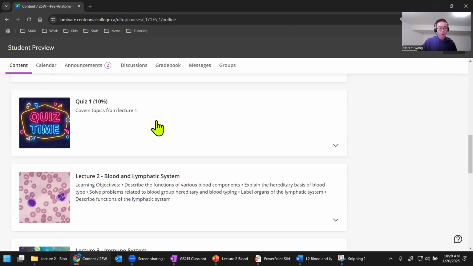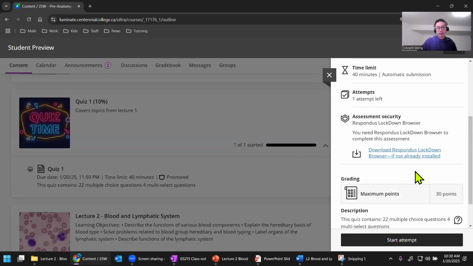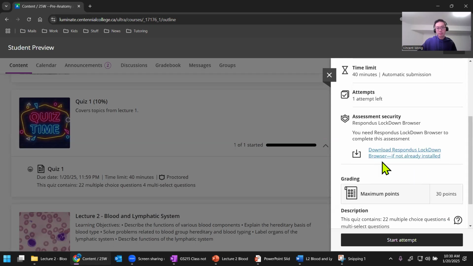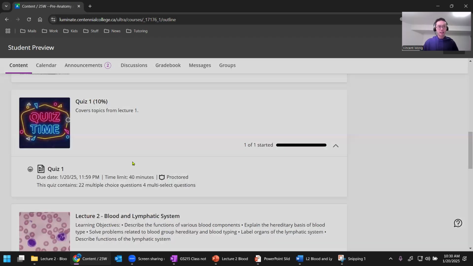You click on the folder and then it's here. Yeah, you just click on that and then it will tell you 40 minutes, one attempt. You've got to download the Respondus lockdown browser if you lost it somehow, and then you start, and that's it. Okay, you have until midnight to do it.